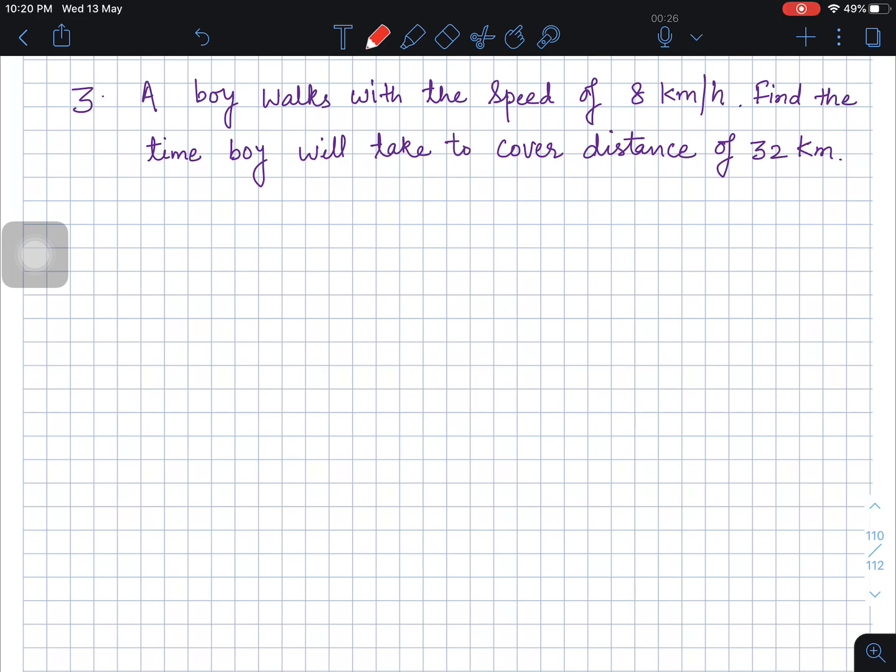The boy walks with the speed of 8 kilometer per hour. So we are already given the speed. Find the time the boy will take to cover the distance of 32 kilometers. So I've been given speed and distance. Again I have this formula: speed is equal to distance upon time.